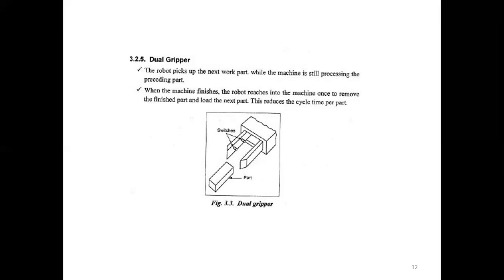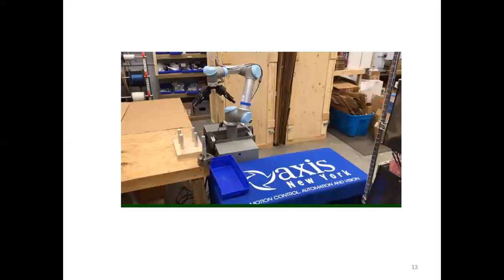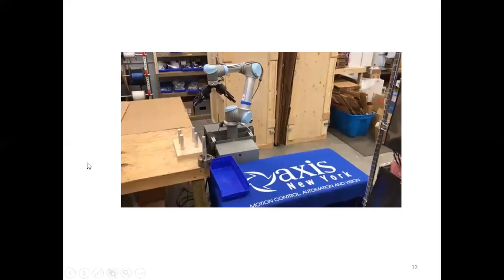When the machine finishes, the robot reaches in once to remove the finished part and load the next part. This reduces the cycle time per part. That is the dual gripper. This is an example of a dual gripper.